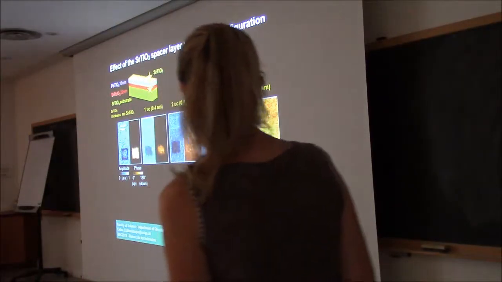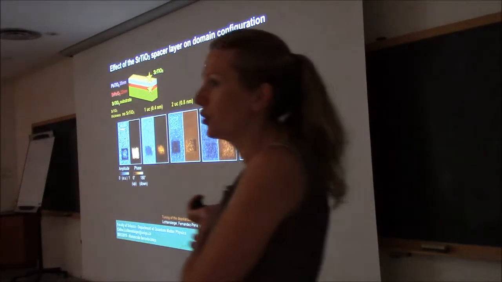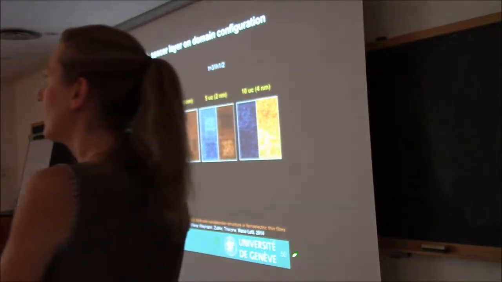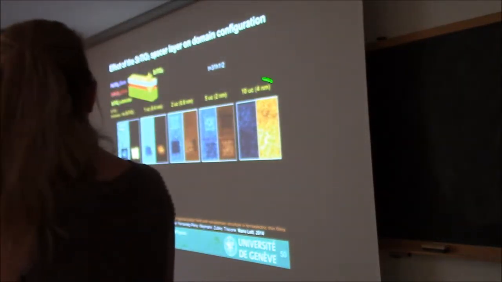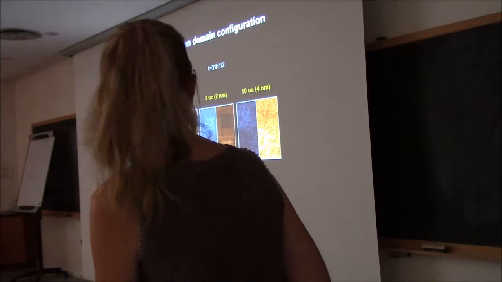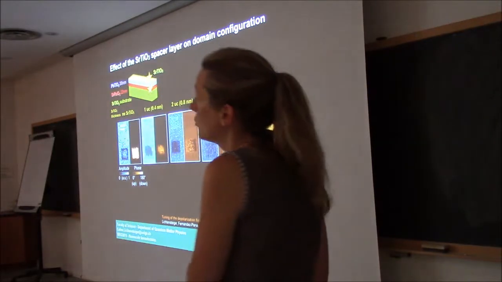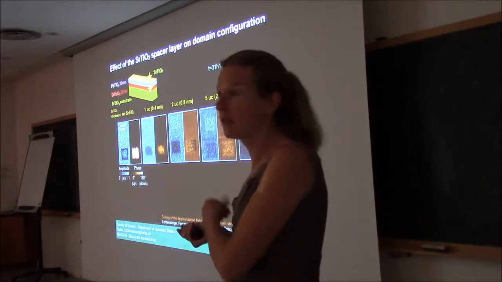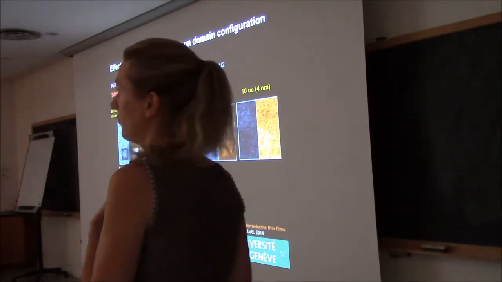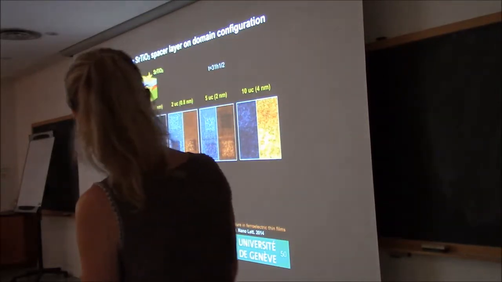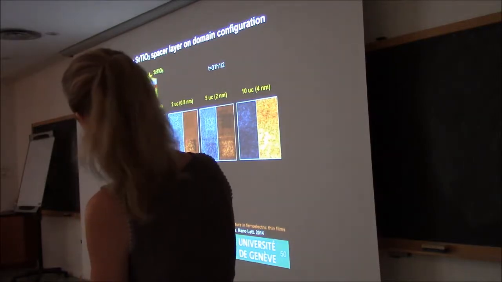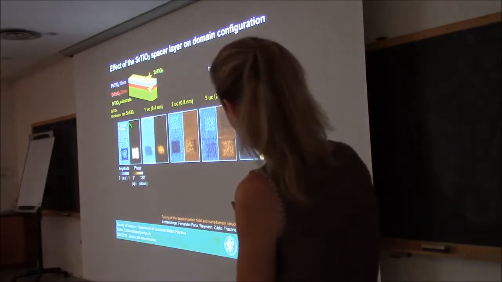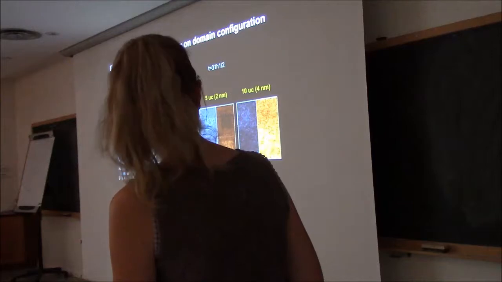And so what we see is that you have a much faster back switching in the samples that have a larger STO spacer layer, and this is due to the fact that in these samples you have a larger depolarization field because of this spacer layer, but you also have a reduced built-in voltage. So here you have a large built-in voltage, so actually the sample is quite happy to be in this direction.